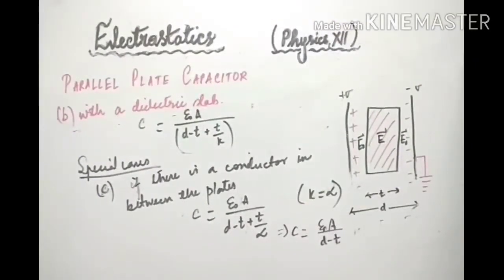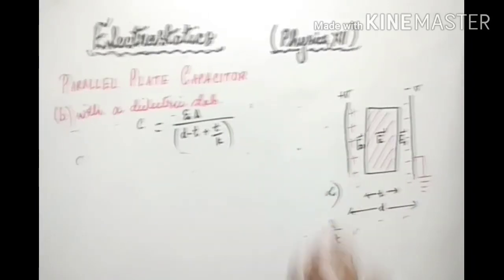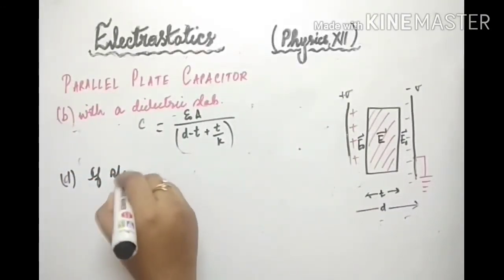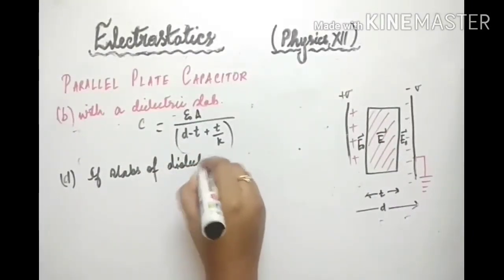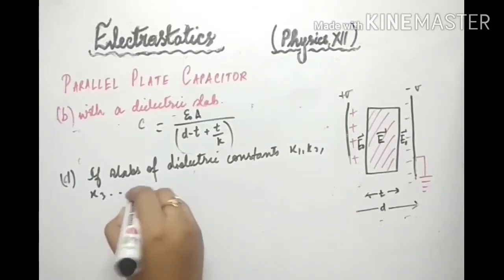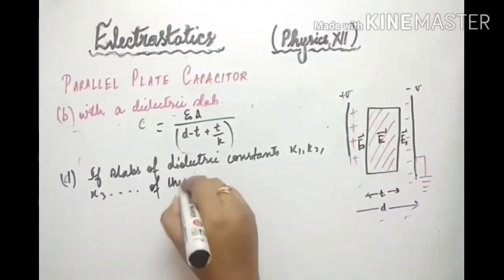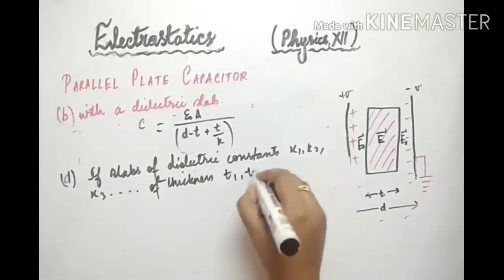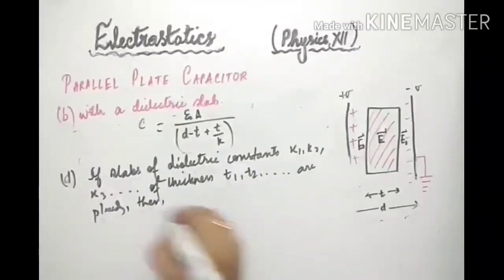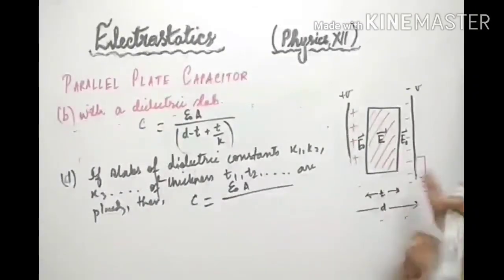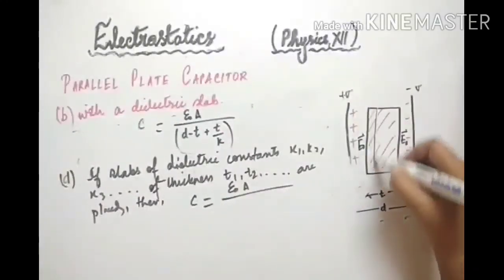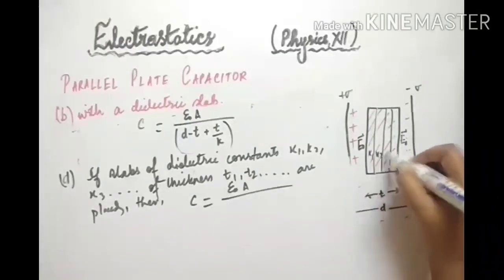And the final case: if slabs of dielectric constants K1, K2, K3, dot dot dot, of thickness t1, t2 and many more are placed one after the other, then C can be written as follows. Suppose many slabs are kept one after the other, with dielectric constants K1, K2, K3, K4.